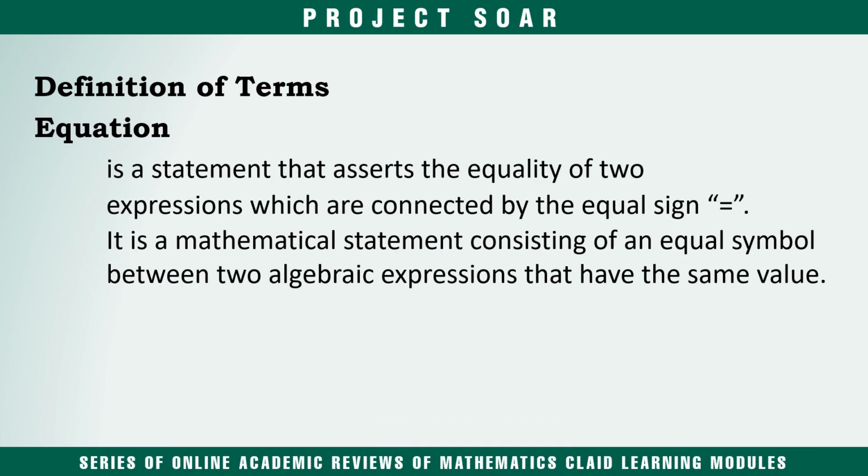An equation is a statement that asserts the equality of two expressions which are connected by the equal sign. It is a mathematical statement consisting of an equal symbol between two algebraic expressions that have the same value.